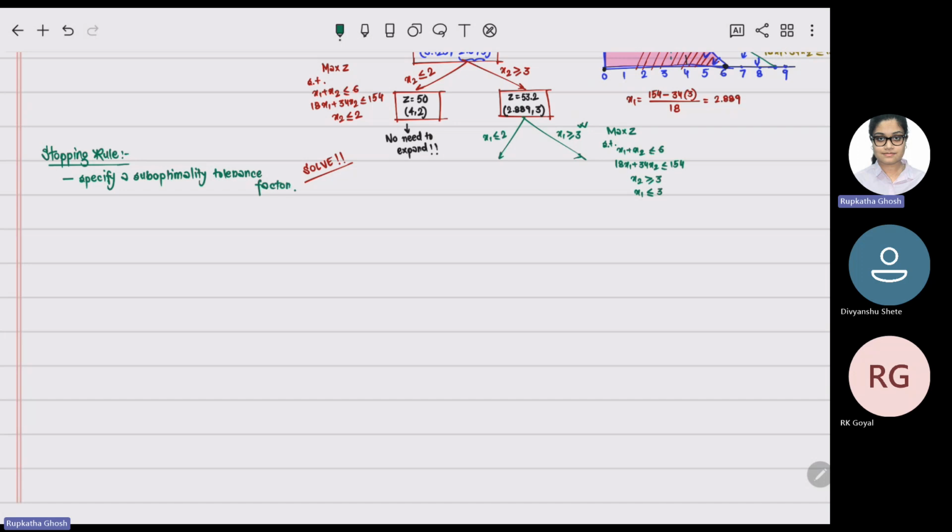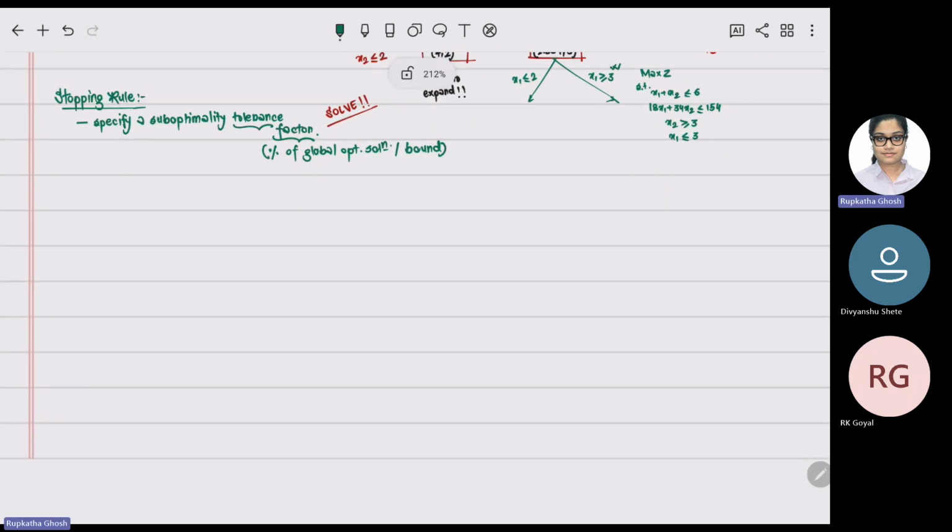What the tolerance factor does is it allows you to stop once an integer solution is found within some percentage of the global optimal solution or the bound. So that is your basic stopping rule.